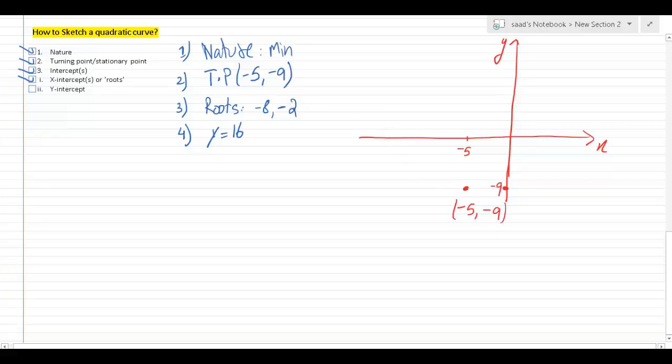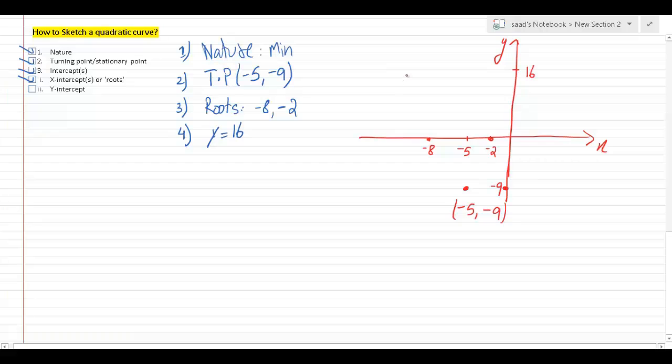Moving on to the roots, -8 and -2. So -8 will be somewhere here, and -2 will be somewhere over here. So these are the two roots, the points at which our curve will cut the x-axis. And then finally the y-intercept. So the y-intercept 16 will be somewhere over here.